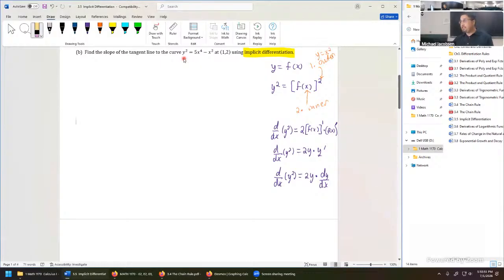Okay, well, let's go back to this curve. Y squared equals 5x power 4 minus x squared.